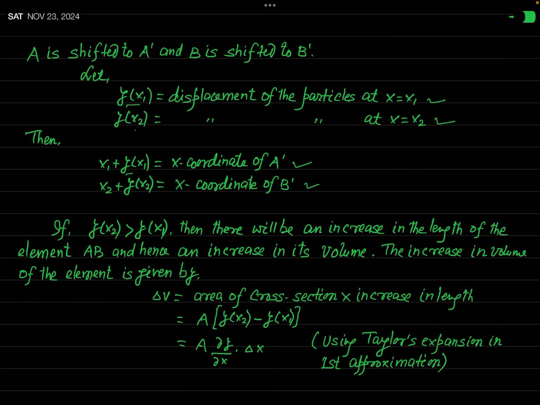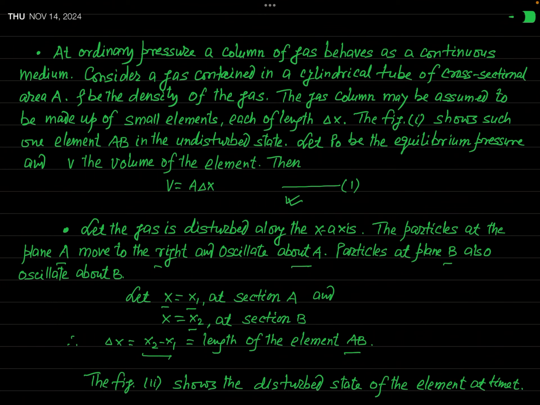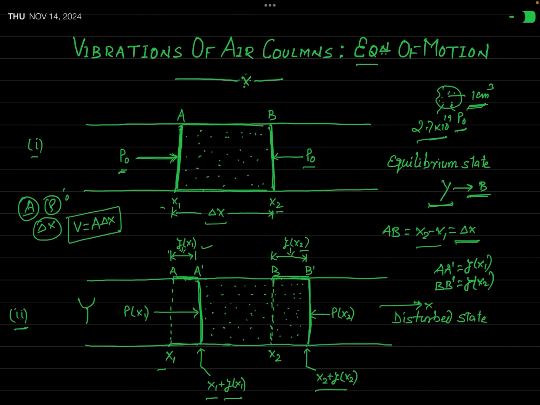So let us first try to find the resultant force acting on the column AB when it gets disturbed. And for this, we consider that the section or the plane B, which is displaced by y of x2, this displacement y of x2 is greater than y of x1. This is our assumption. You may take y of x1 greater than y of x2, it is possible.